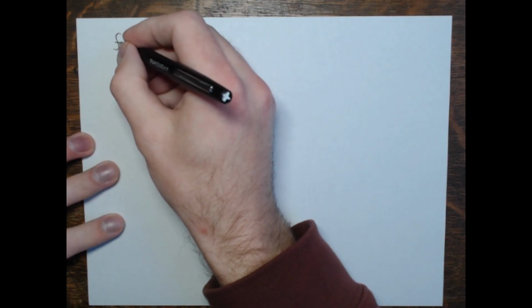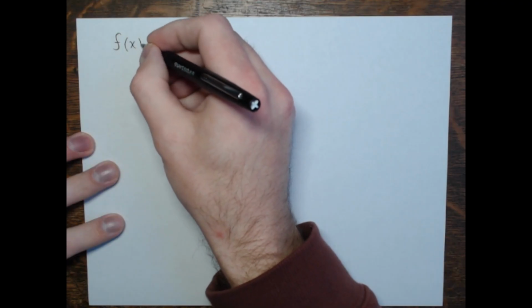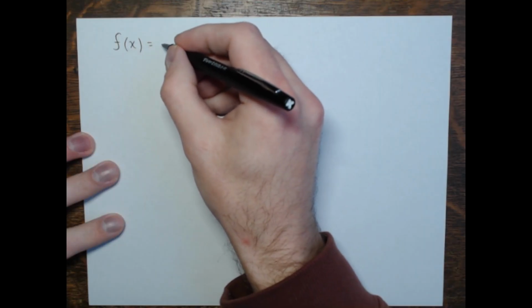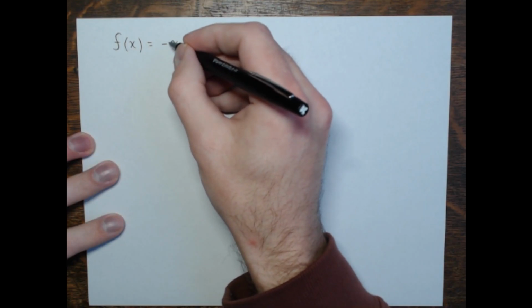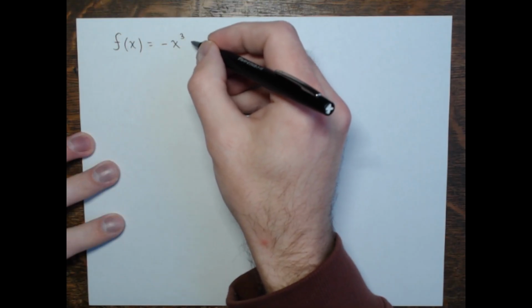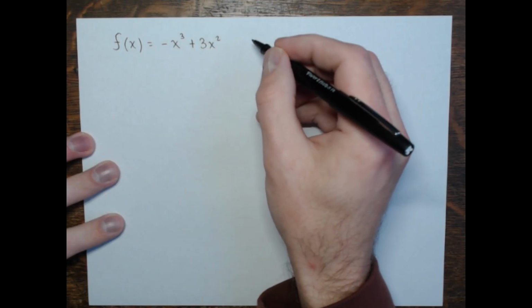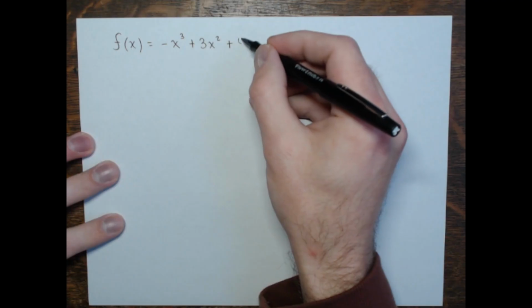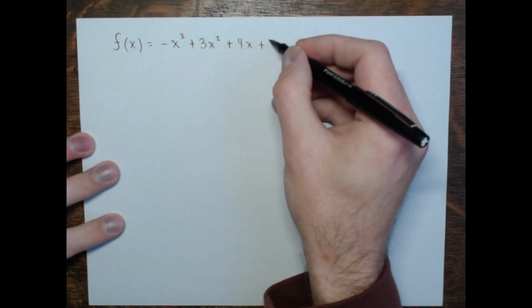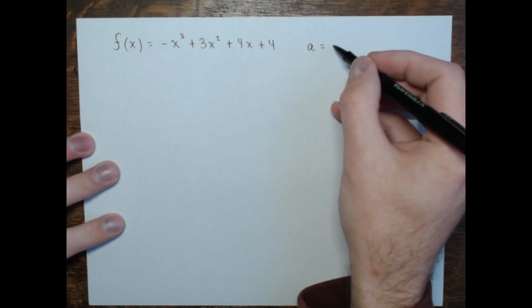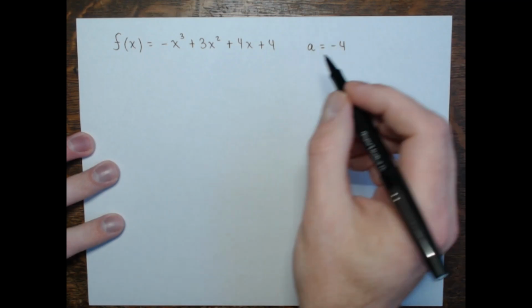So the function we're given, f of x, is this cubic polynomial, right? Negative 1 times x cubed plus 3 times x squared plus 4x plus 4. And then the value of a they mentioned to us here is negative 4.